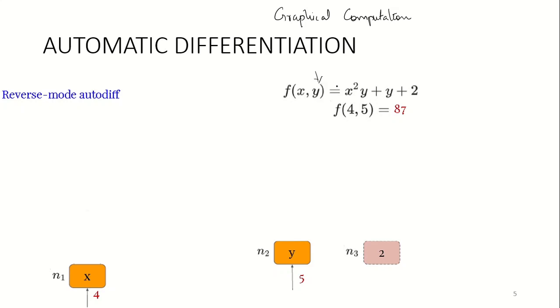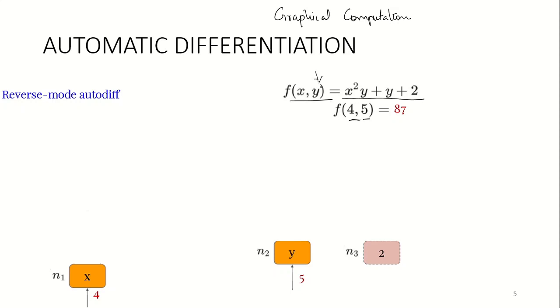So assume we have a multivariate function f(x,y) = x²y + y + 2. This is our function, and we want to find out the derivative of this function when x is equal to 4 and y is equal to 5.